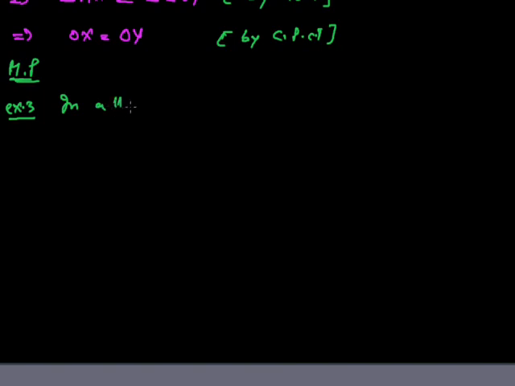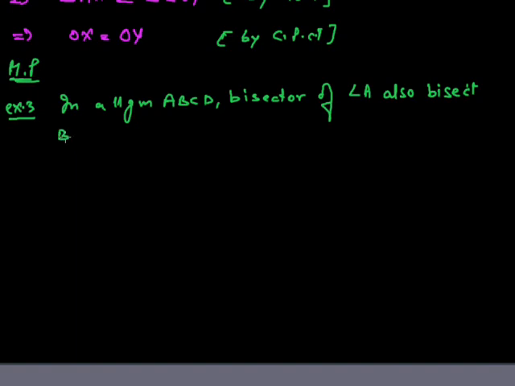In a parallelogram ABCD, the bisector of angle A also bisects BC, a side of the parallelogram, at point X.